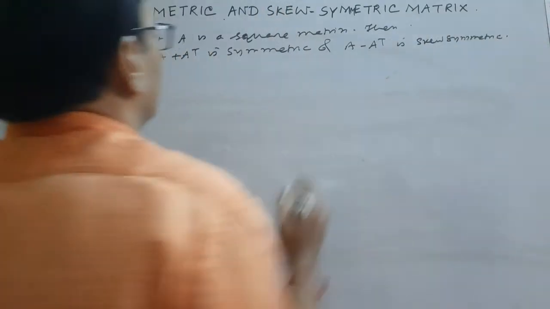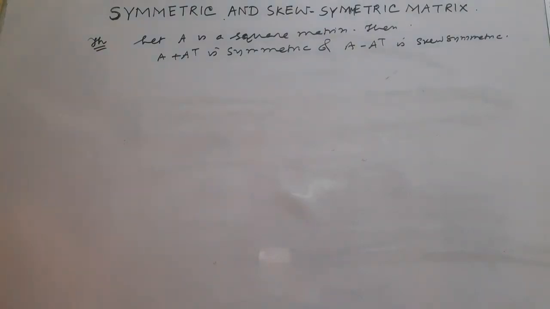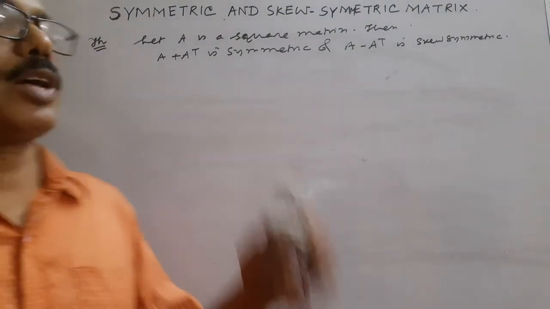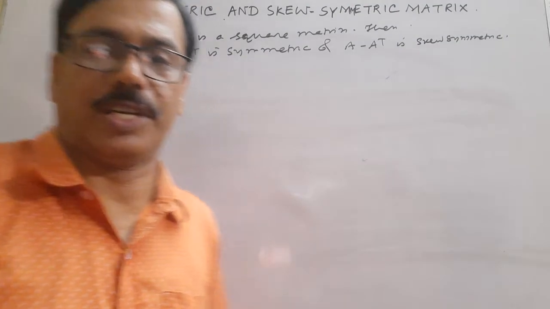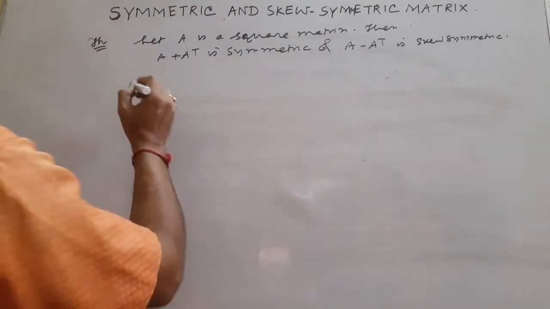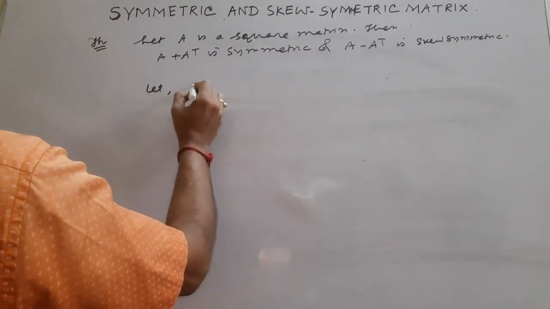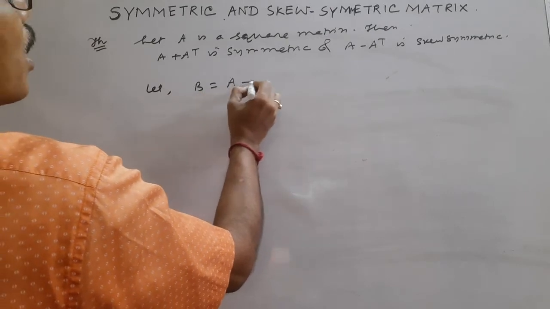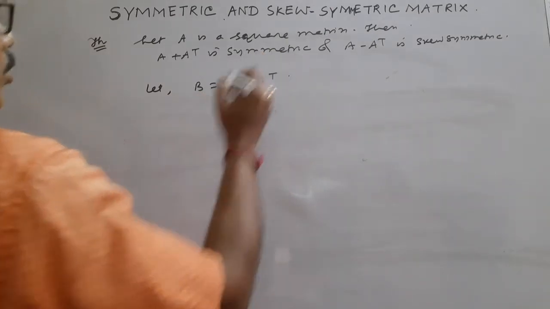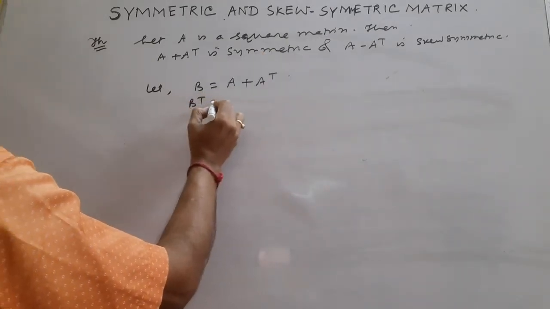A is any square matrix. A plus A transpose is symmetric. Very simple. Let B equal A plus A transpose. So what is B transpose?